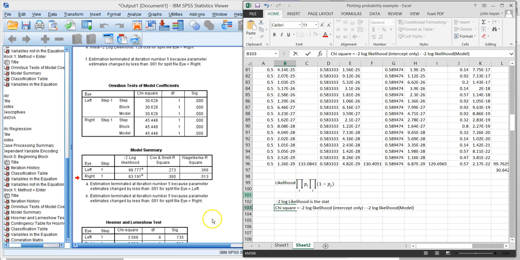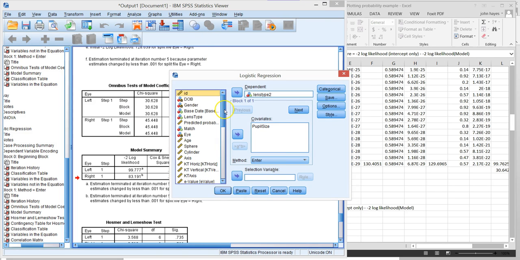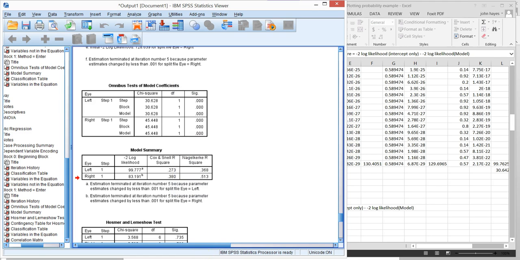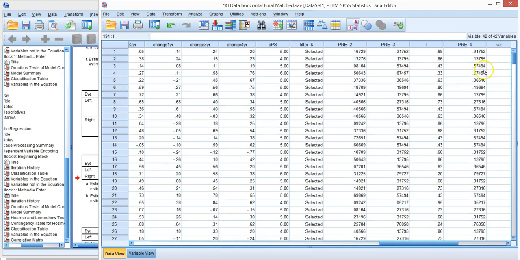We did that in our logistic regression. Under save, we saved the probabilities, and that gave us these probabilities here.